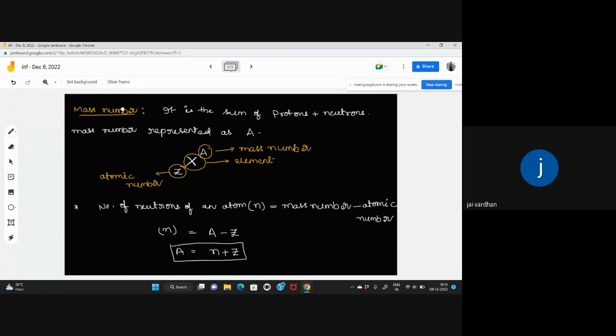For example, let me take bromine. Bromine's mass number is 80, and the atomic number of bromine is 35.